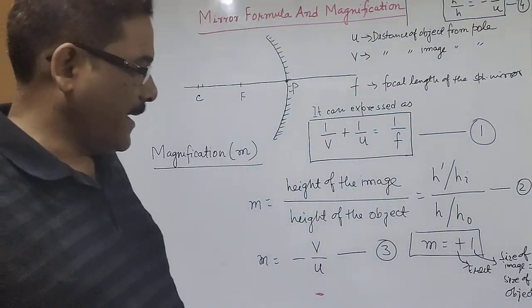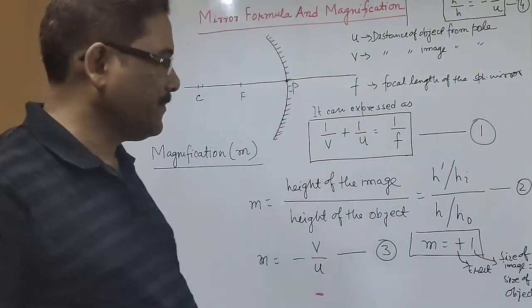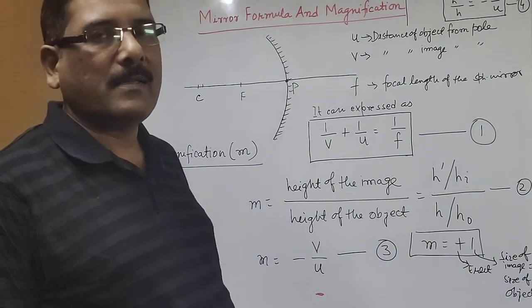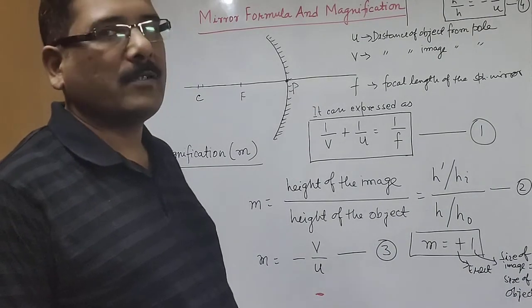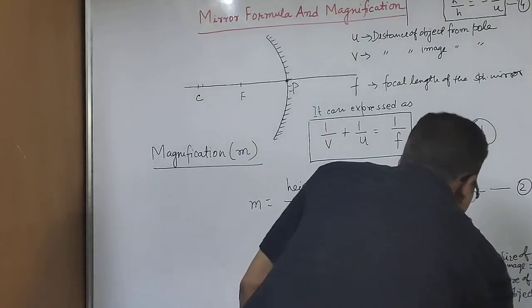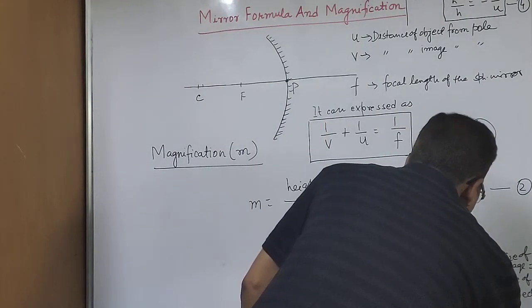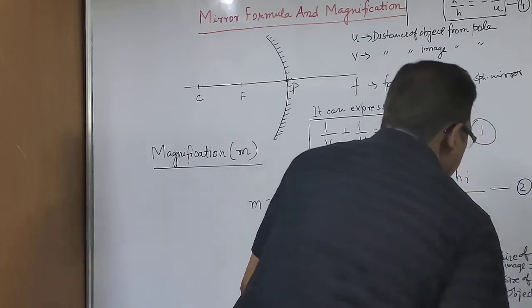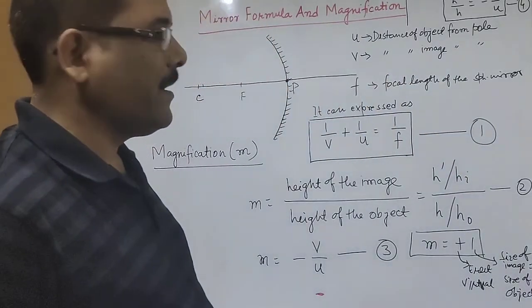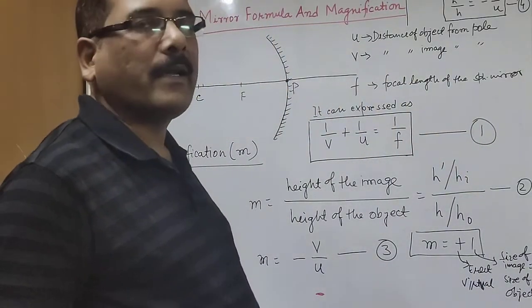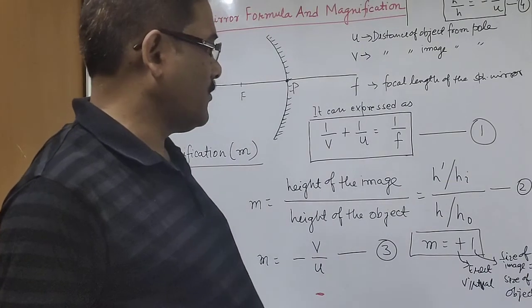So if you find that magnification is positive, it means the image is virtual and erect. Virtual and erect images are above the principal axis, and the numerical value 1 indicates the size relative to the object.